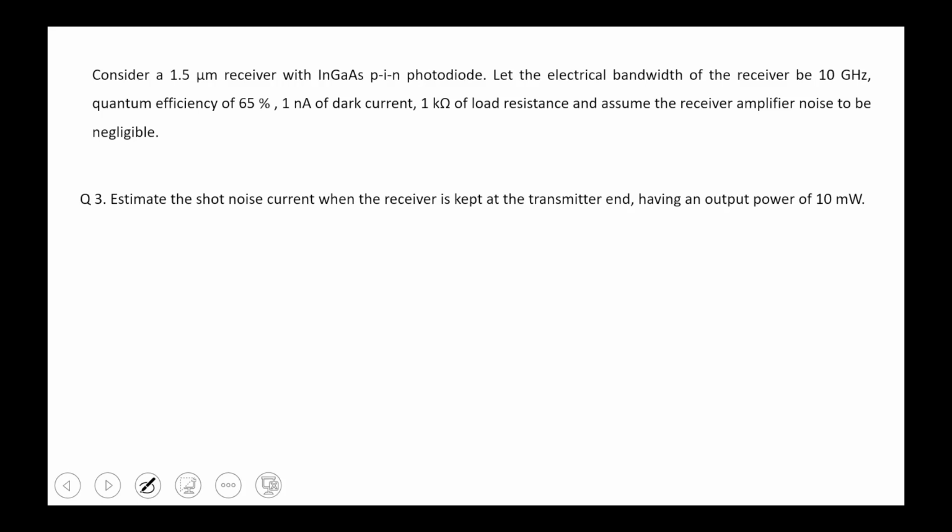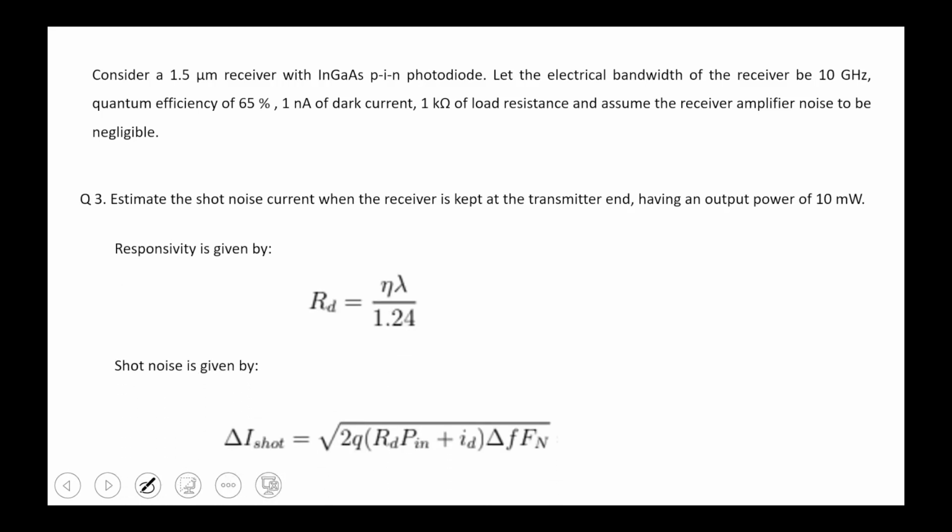Can anyone tell the formula, how you can calculate shot noise? Responsivity you have to calculate through this. Shot noise is given by 2q into (R_D P_in plus I_D) delta f.